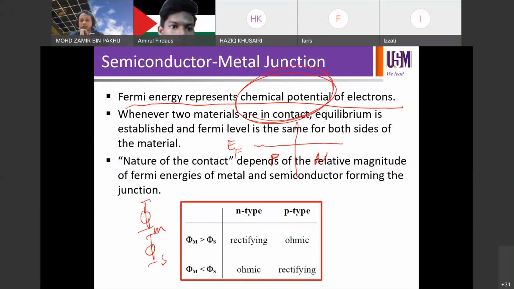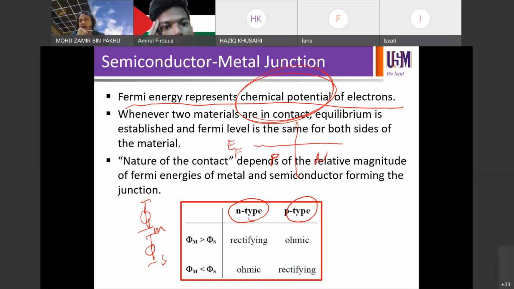This will determine whether you end up with ohmic contact or Schottky contact. It also depends on whether the semiconductor is N-type or P-type. Before that, let's recall what the work function is.